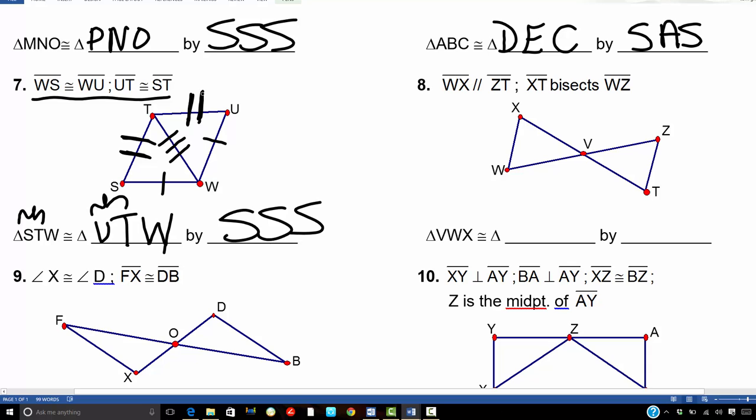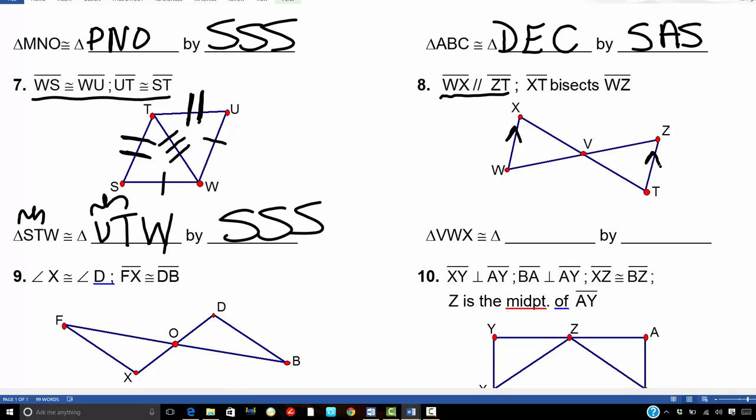All right, number 8. So number 8's a little tricky. It gives us a couple different things. It tells us WX is parallel to ZT. And it also tells us segment XT is a bisector of segment WZ.